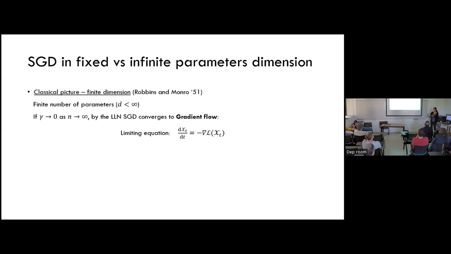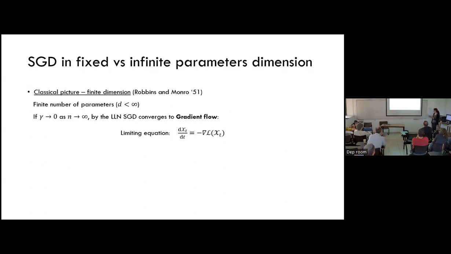If you had this unknown distribution P, and you averaged according to that, that would give you this gradient flow, which is great because this is what we wanted: to do the average with respect to the unknown distribution P.